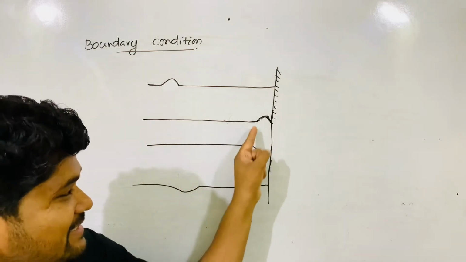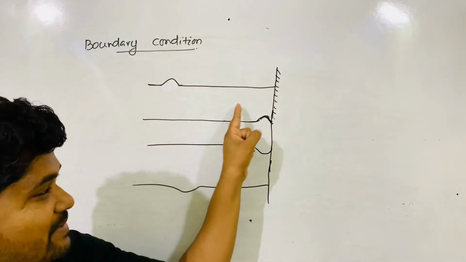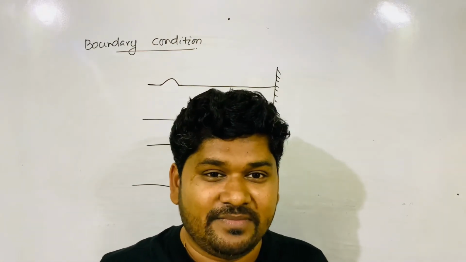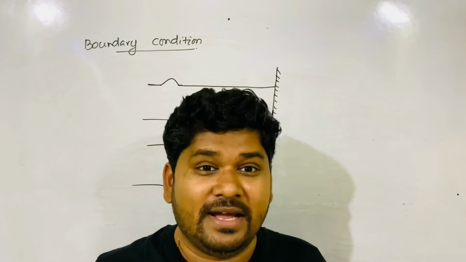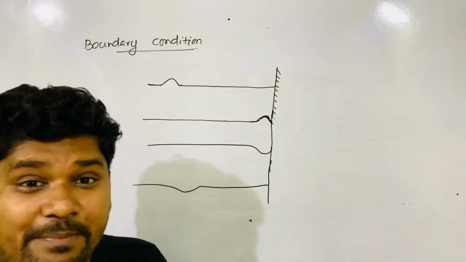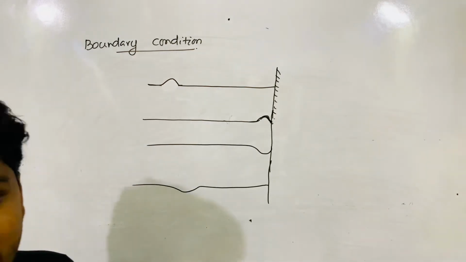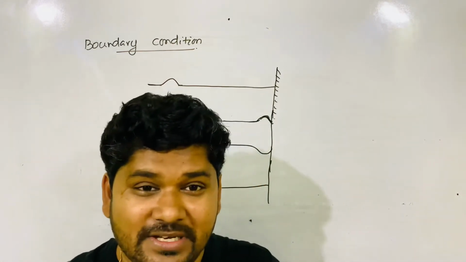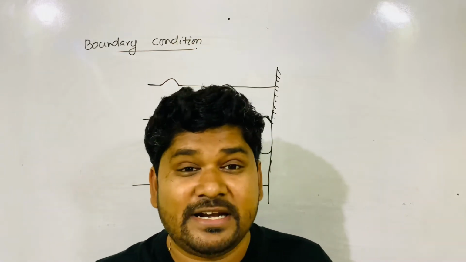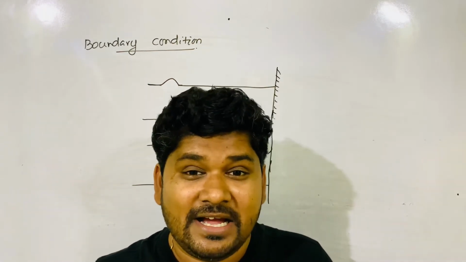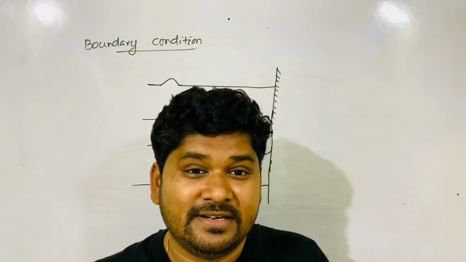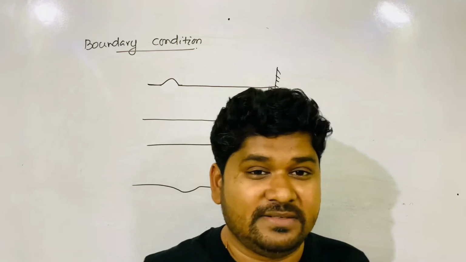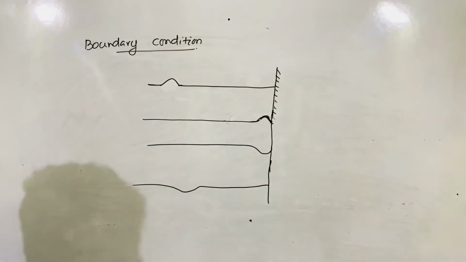This is the incident, this is the reflected. The incident wave crest touches, then a trough starts. What is the phase change? Pi. Remember this one, out of phase. When a wave strikes a rigid boundary, it gets reflected. The reflected wave has a phase difference of pi from the incident wave, or there is a phase change of pi between the incident and the reflected wave.